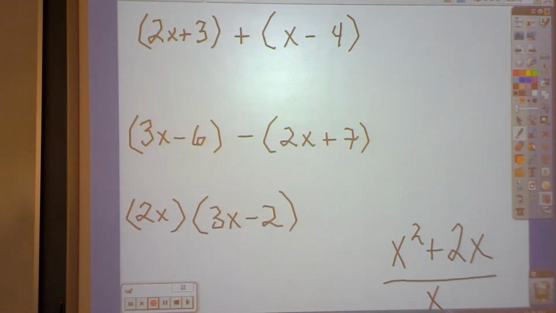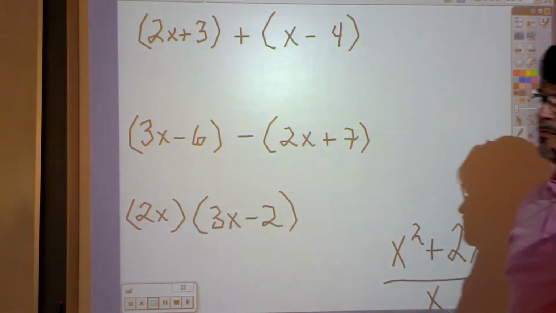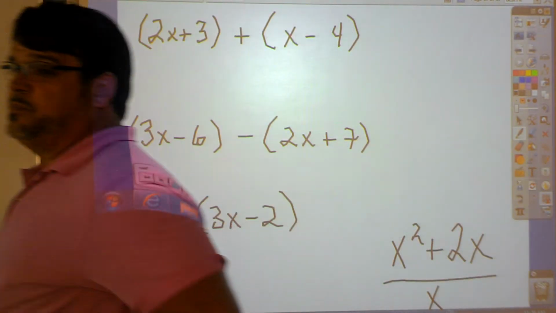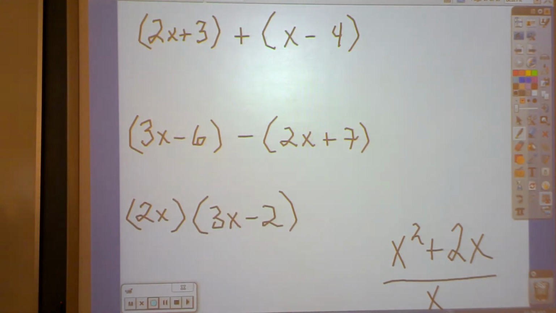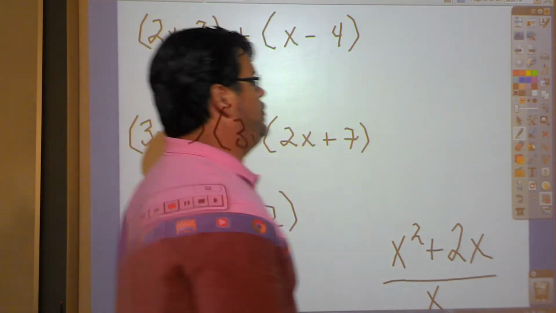Okay, you should be finished here in just a second, because it shouldn't take you 15 minutes to do this. All right, what's 2x plus x? We'll do them in red.